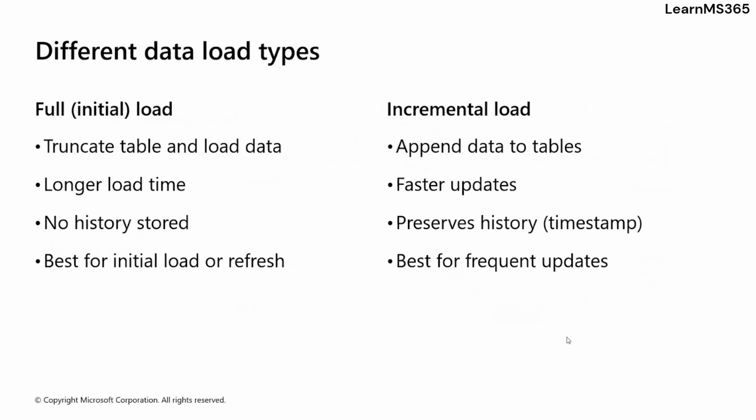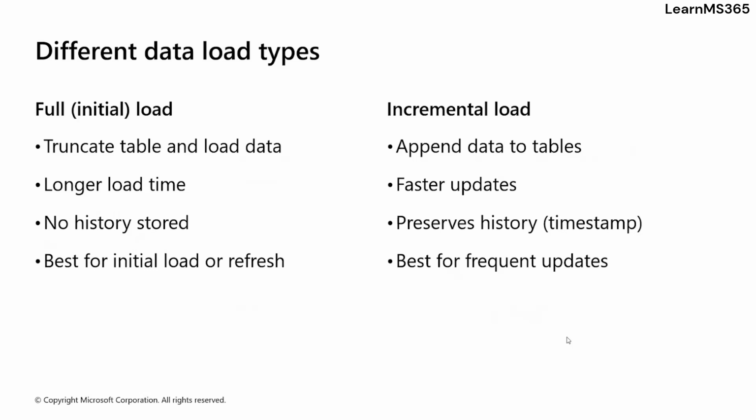Now, there are two types of data load to consider when loading a data warehouse. The first one is full load, and the other one is incremental load. The process of populating the data warehouse for the first time is the full or initial load. Here, all the tables are truncated and reloaded, and the old data is lost.